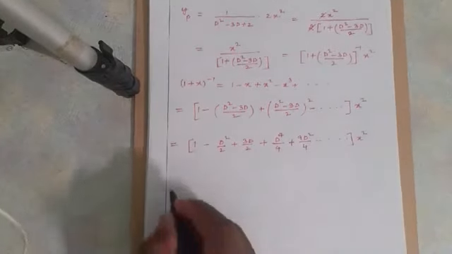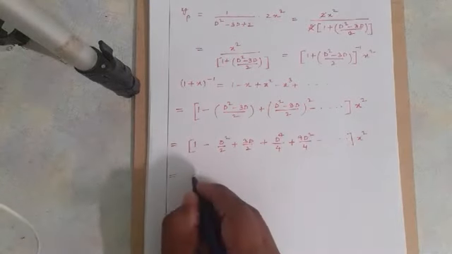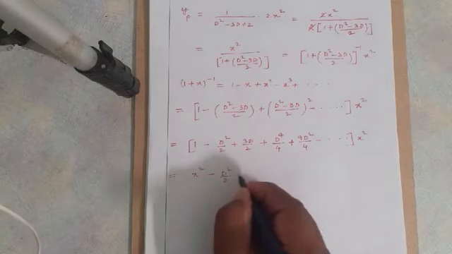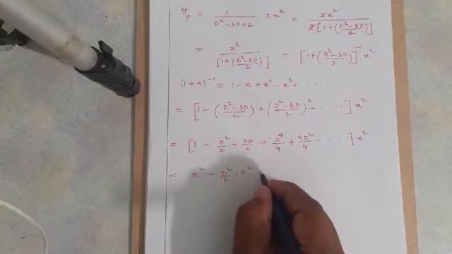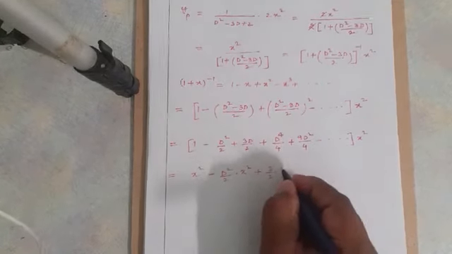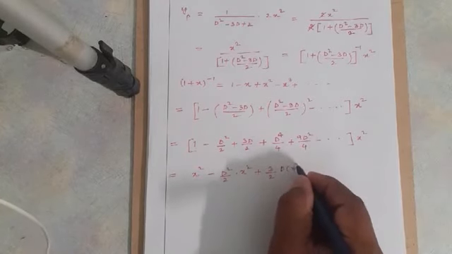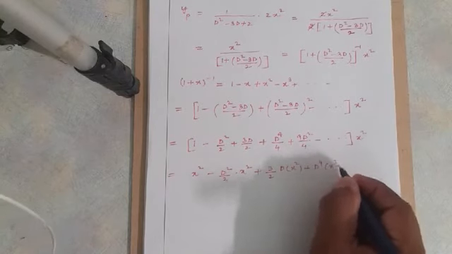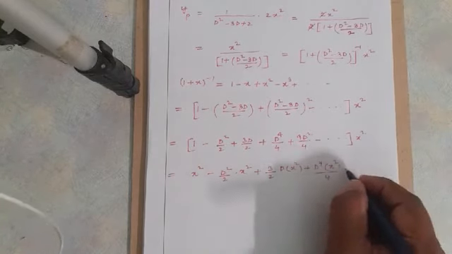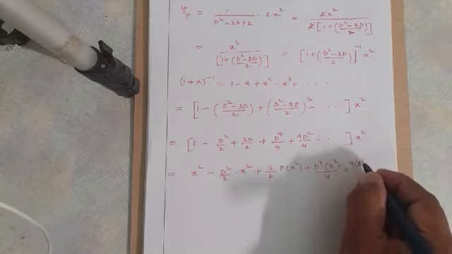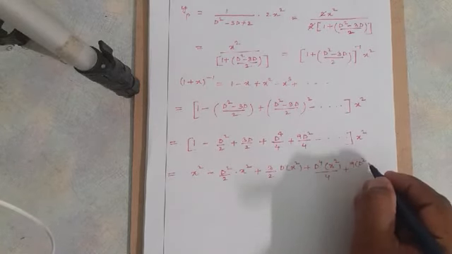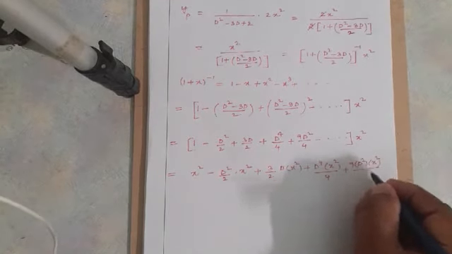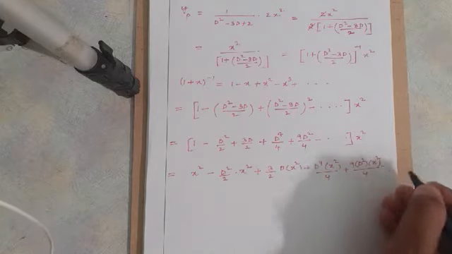Okay, so if you multiply inside, this becomes x², then minus D²/2 of x², plus 3/2 into D of x², plus D⁴ of x² upon 4, plus 9D² of x² upon 4, minus, and so on.